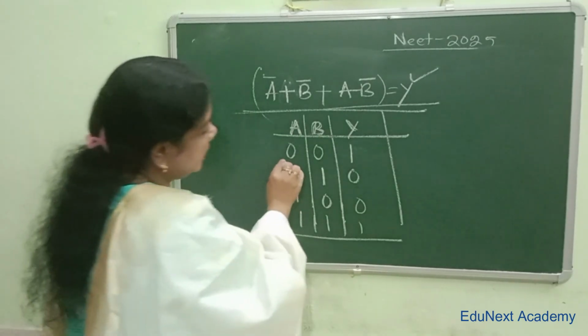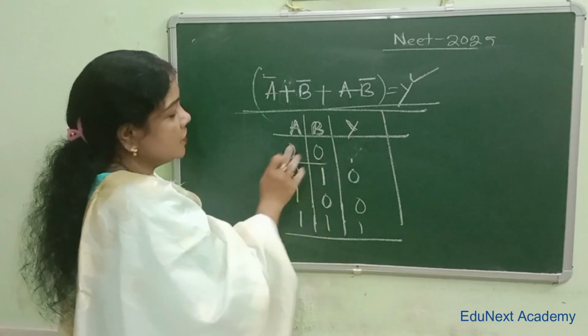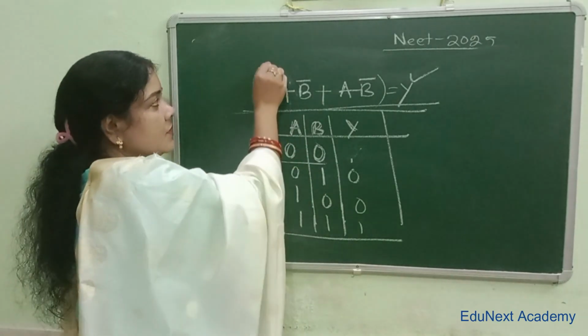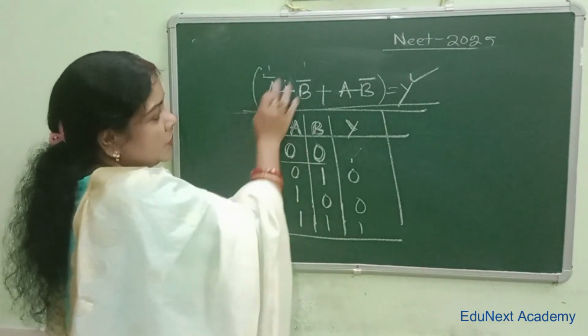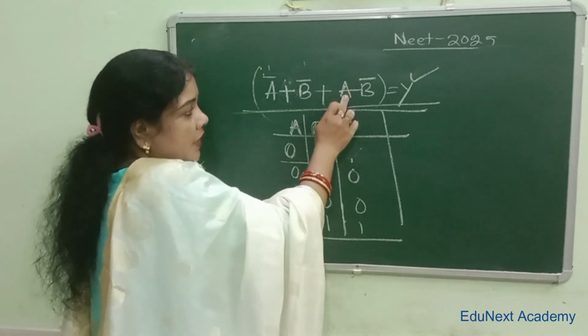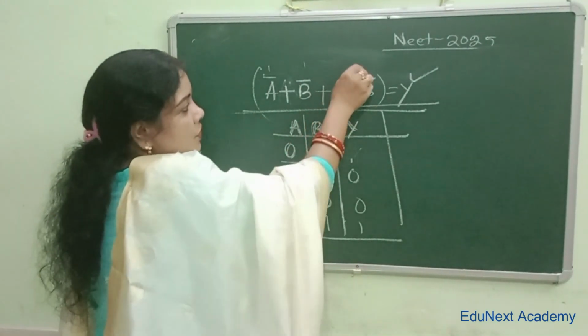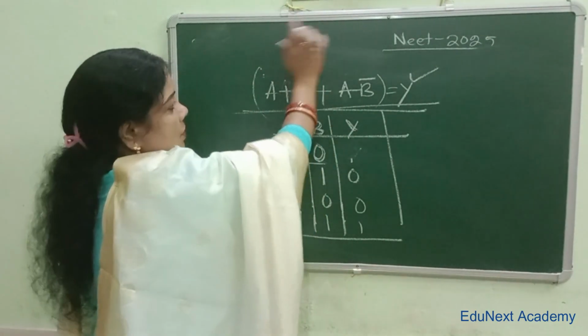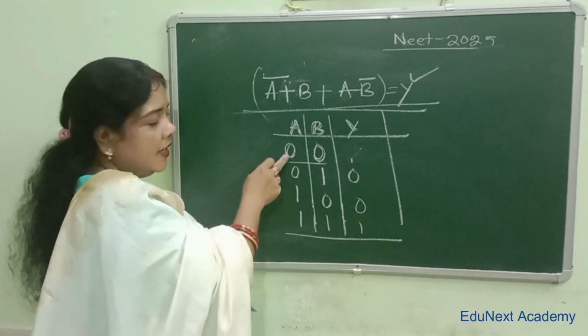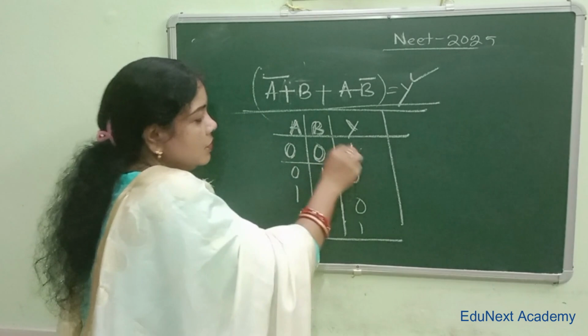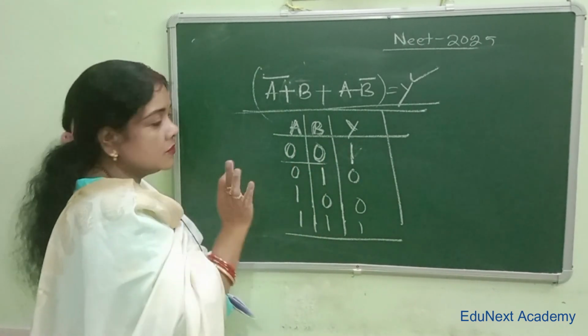If I take A is 0 and B is 0, that means A bar is 1, B bar is 1, plus 1 plus 0. A is 0, B bar is 1, that means 0 into 1, that is 0. So if I take A equal to 0, B equal to 0, the output will come 1.